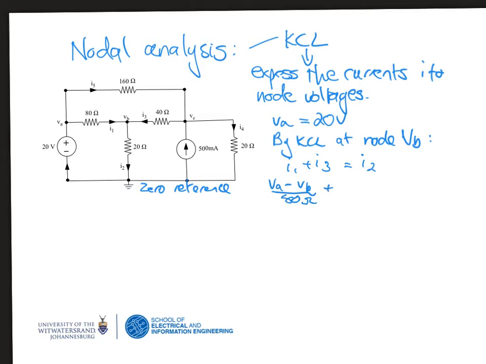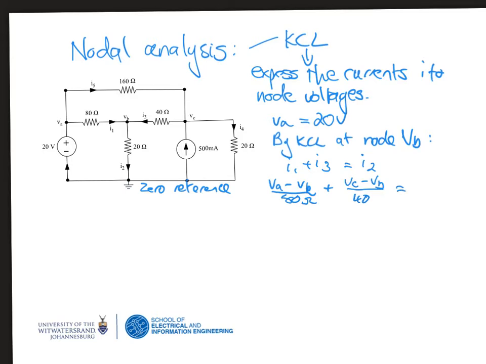And we do the same for I3. So we see it's flowing from the higher voltage to the lower voltage through the 40 ohm resistor. So we can write that as VC minus VB divided by 40.